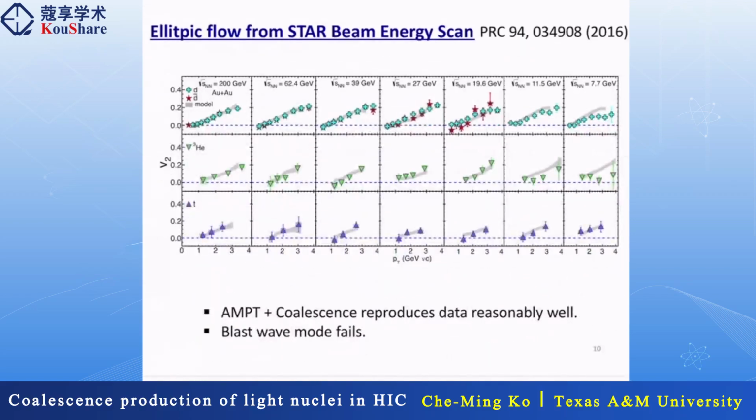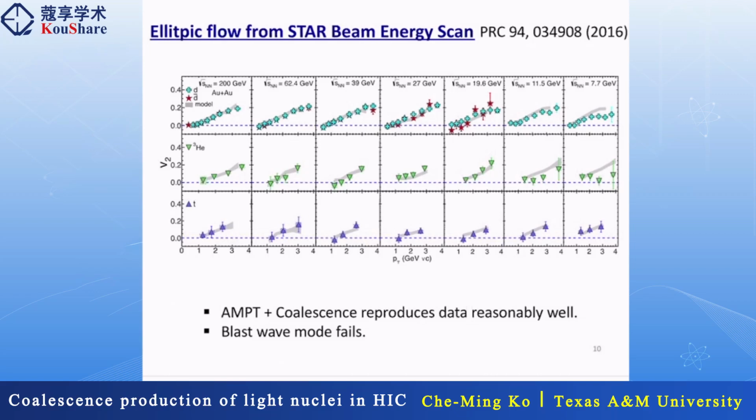At the same time, in 2016, I saw a paper from Yugang's group. They studied the deuteron, helium-3 and triton V2 as a function of pT at many energies, 200 GeV, 62.4, all the way down to 7.7.